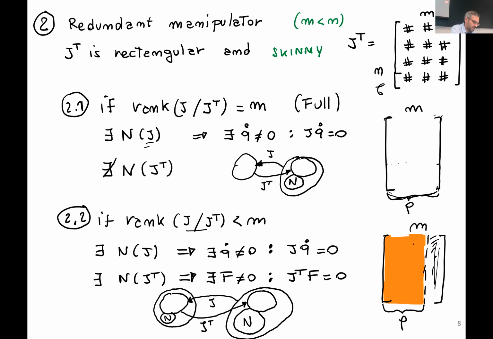We end up in this situation. Again, we have a bigger set here, then a smaller one here. We have a null space in both.